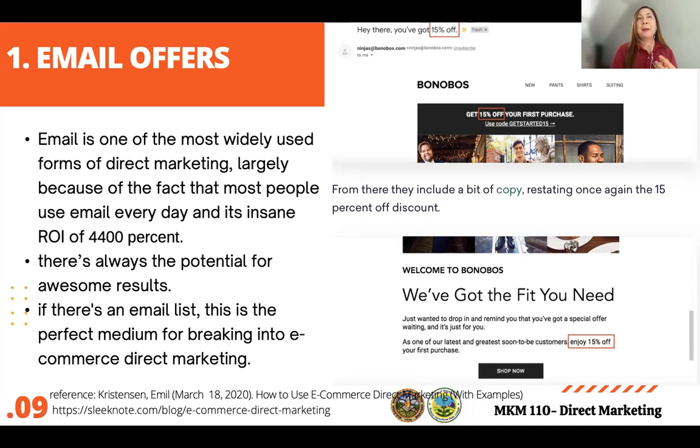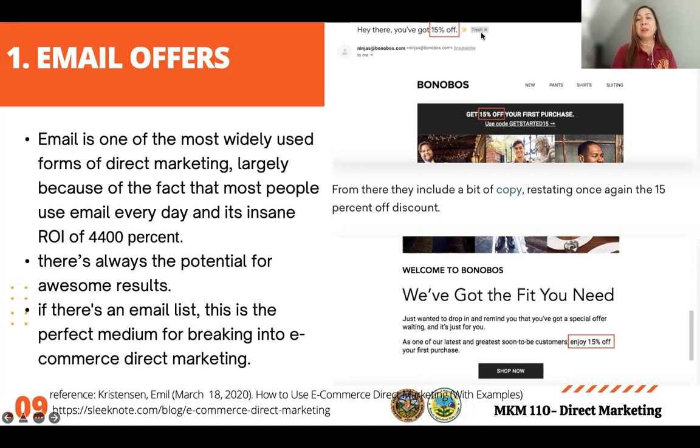So how are we going to send a good one? First and foremost, your subject should be enticing, an alert that's good. They used the subject, Hey there, you've got 15% off. Anyone who sees a discount or promo like this would love to check it out.